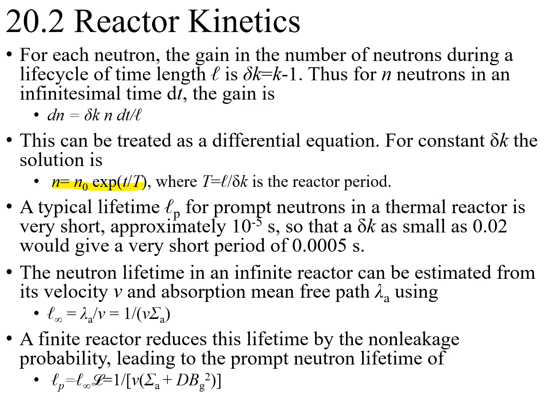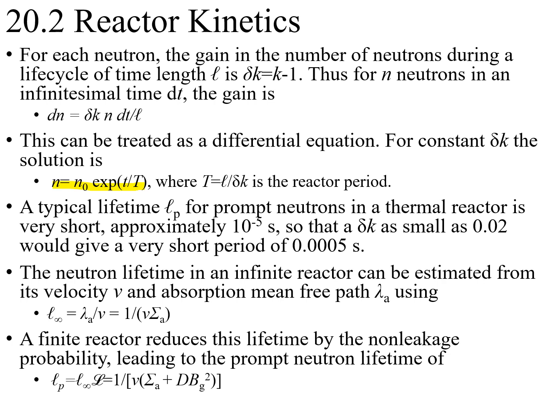The prompt neutron means that those neutrons are released right after the fission reaction. So the neutron is absorbed by the fuel, and the prompt neutron is released almost instantly, after relatively 10 to the negative 5 seconds.